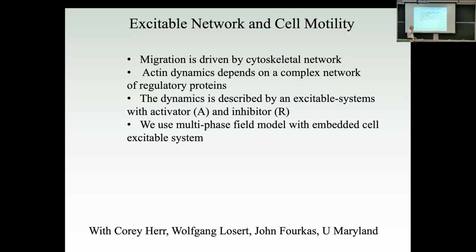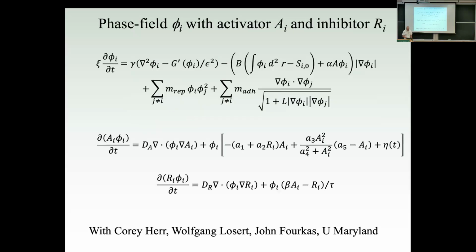This is work with the group of Volkan Isler, and most of the work was done by his very capable graduate student, who is now a postdoc, Cory Herr. It's a little bit more complicated system, but basically it has the same components.